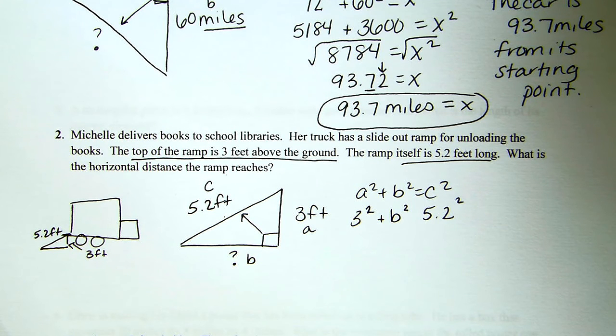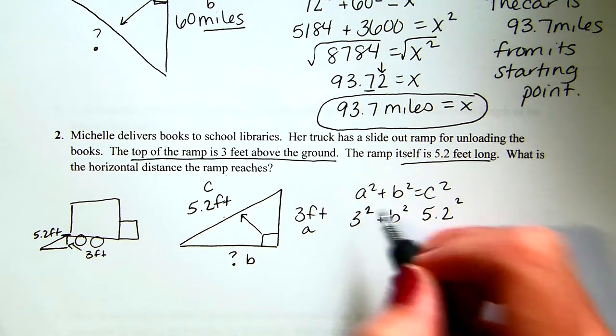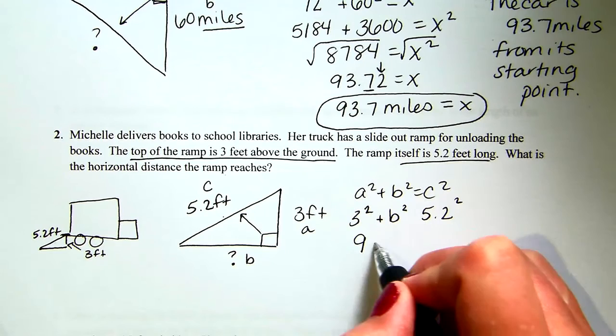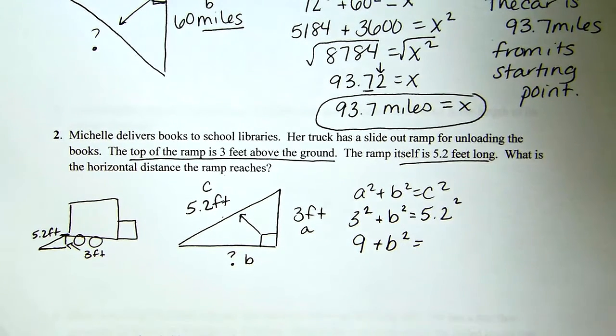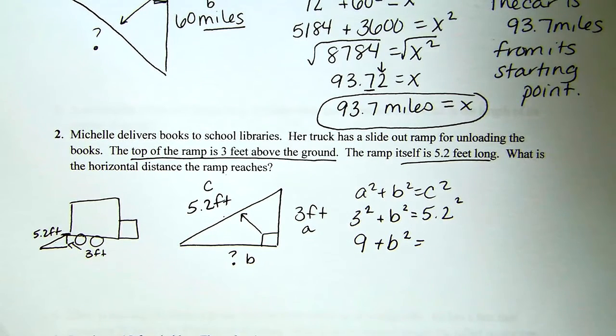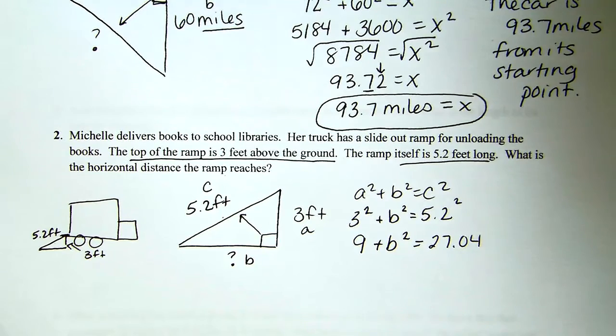Now, I'm going to go ahead and solve. 3 squared is 3 times 3, which is going to give me 9. My b squared is going to remain, and that's going to equal 5.2 squared, which happens to be 27.04.